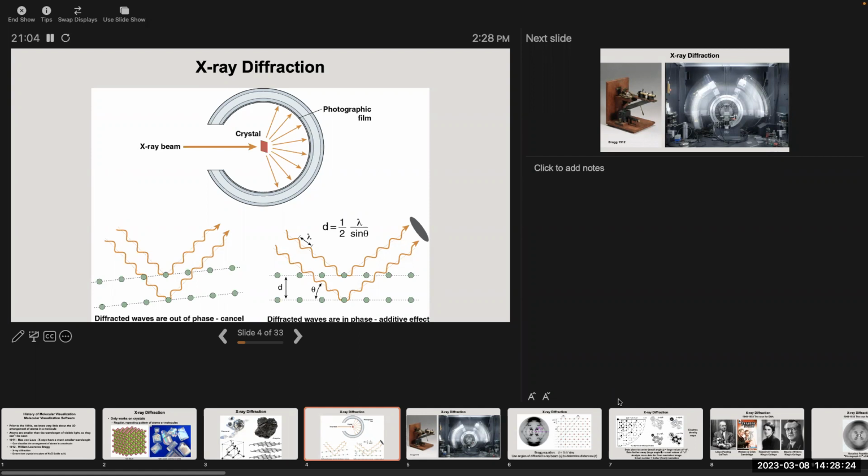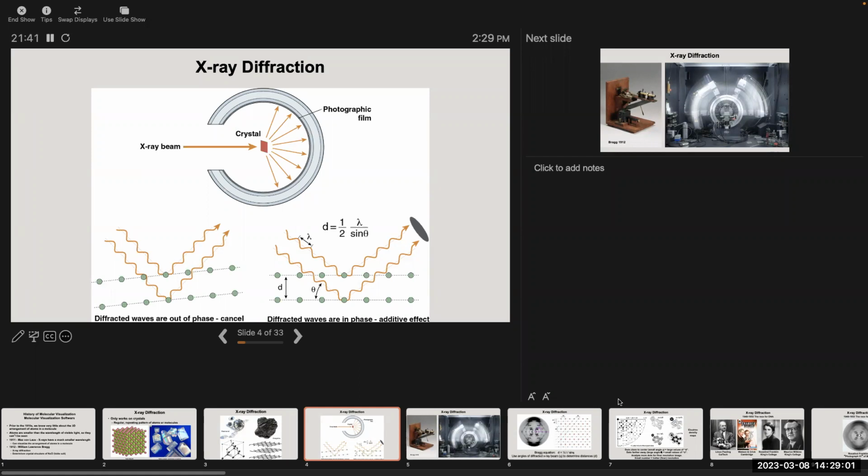So you can determine d, the spacing between repeating objects in the crystal, if you know lambda. Lambda is the wavelength of the X-rays that you're shining into the crystal. And you know that because the person running the experiment can actually control the wavelength using whatever device they're using to generate the X-ray beam. So you know lambda.